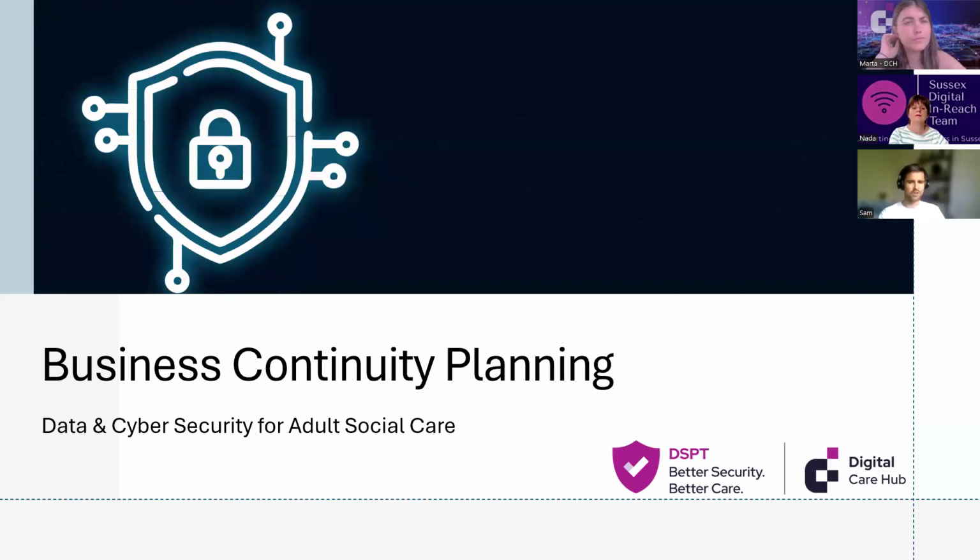This is a live document that you should be referring back to, amending, changing, and ensuring that it is implemented, because at the end of the day, it ensures that business is able to continue as usual. Should there be a problem with your systems, your access, your data, we need to have a plan in place to ensure that we can access our data and continue as normal. So this is what this is about today.